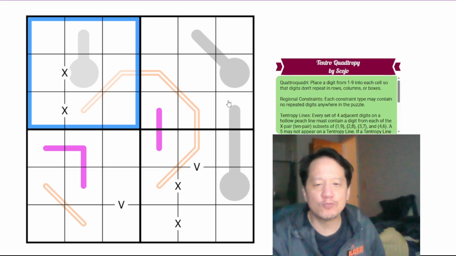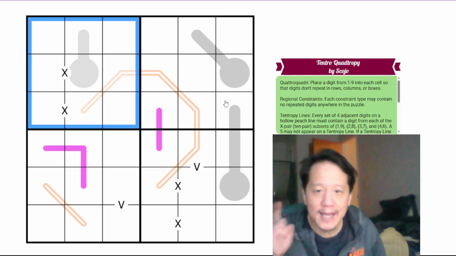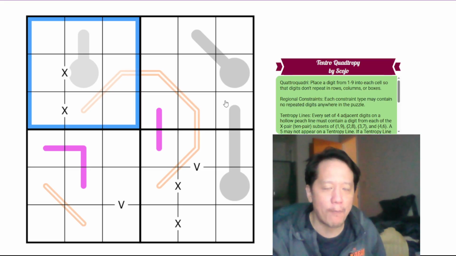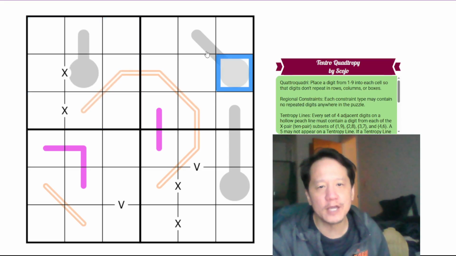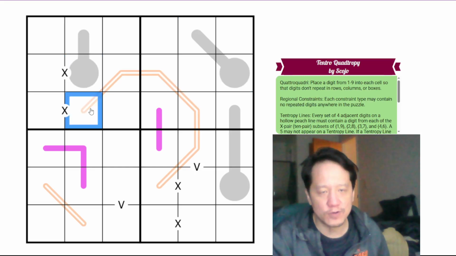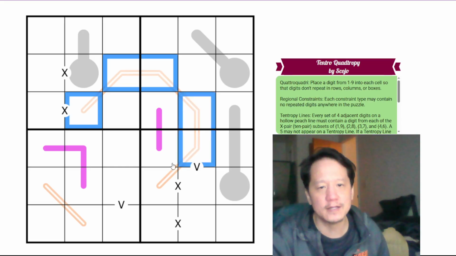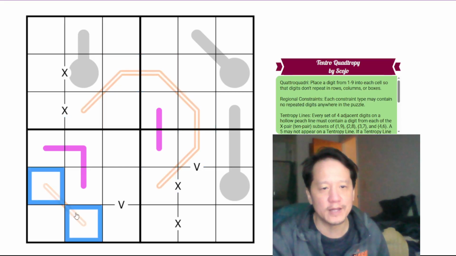We have regional constraints, where each constraint type may contain no repeated digits anywhere in the puzzle. So that means for each constraint type, there cannot be repeats on that type of constraint. For example, this is a constraint type and this is a constraint type.